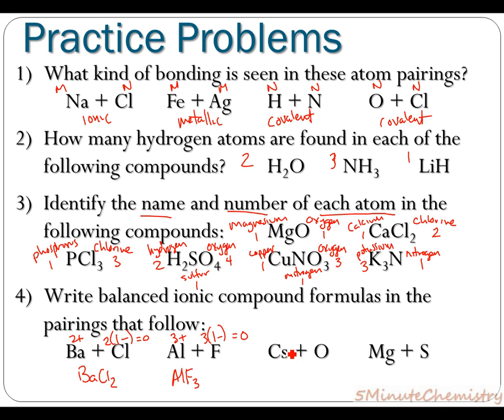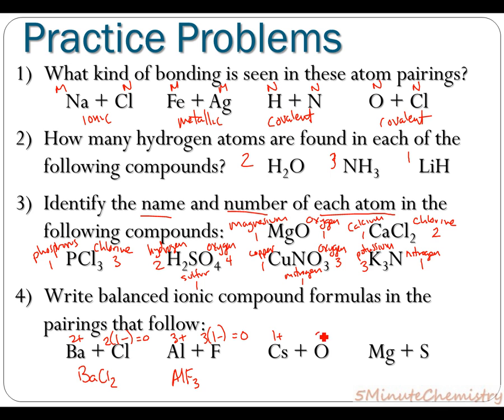Next, we have cesium and oxygen. So the cesium is in group 1A, which indicates it must give 1 electron away to become a cation with its positive 1 charge. Oxygen, you see, is in group 6A, indicating it needs 2 more electrons to fill its valence shell.